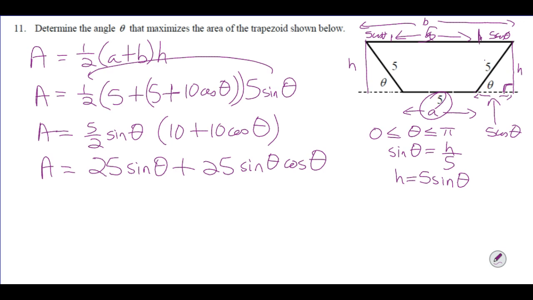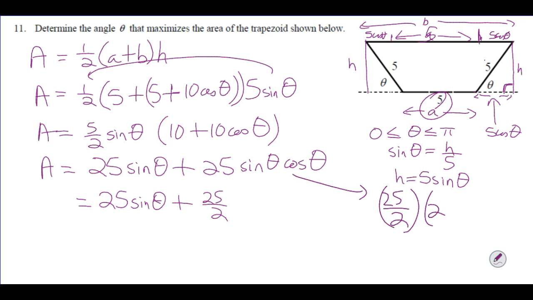So we borrow a 2 from here and factor it out, so it becomes 25 halves and 2 sine theta cos theta. On our scratch pad, I've got the 25 halves, and this guy here is sine 2 theta.